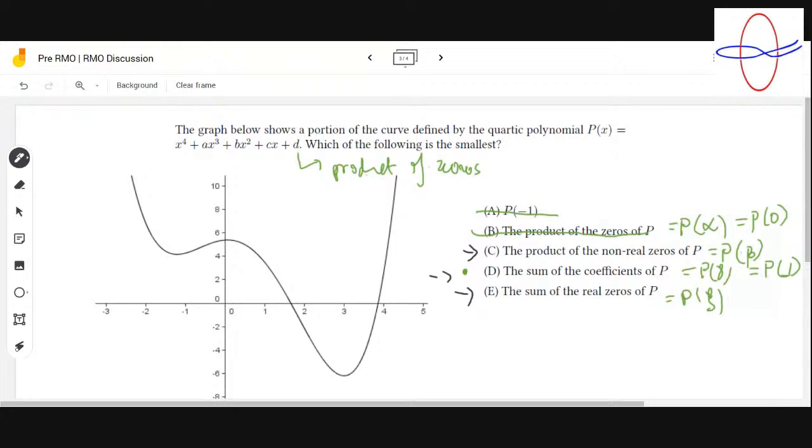Perfect, Rajvardhan. So we have 2 real roots and 2 non-real roots. How can you find the non-real roots product? Very good, Rajvardhan. I really like it.